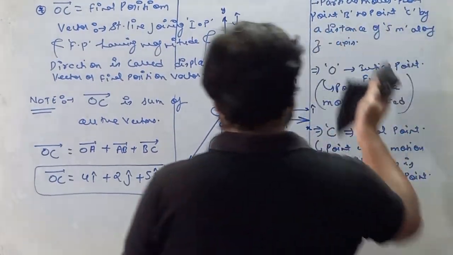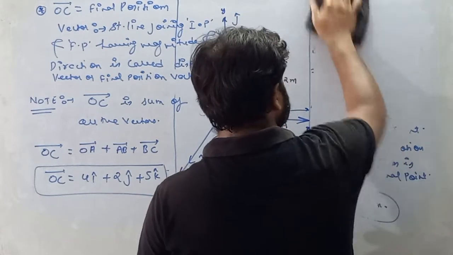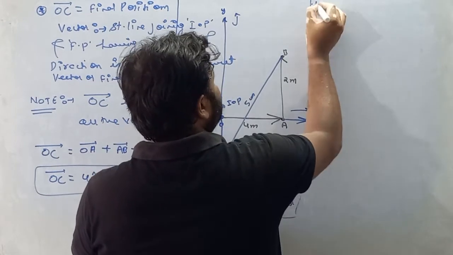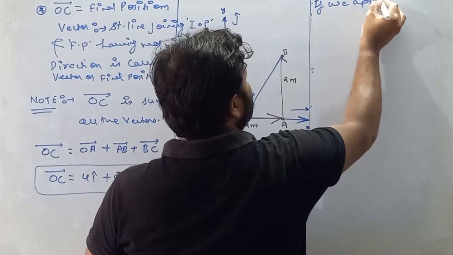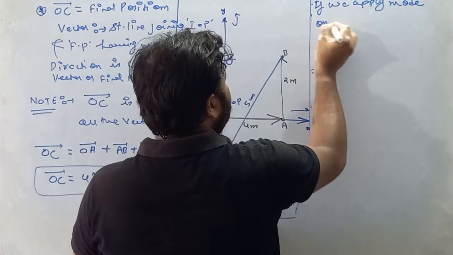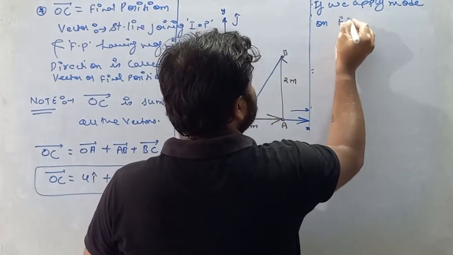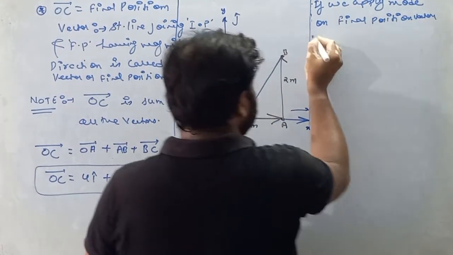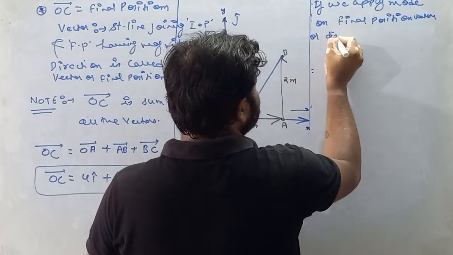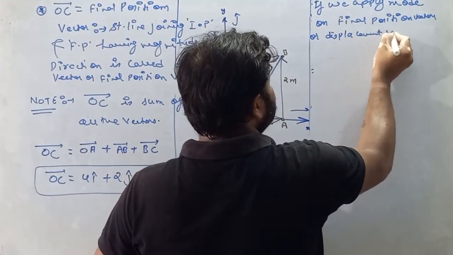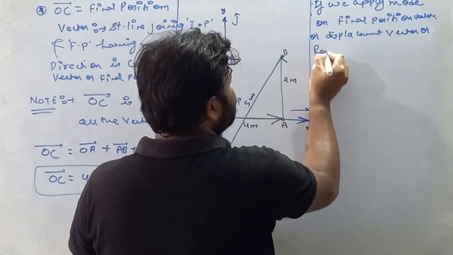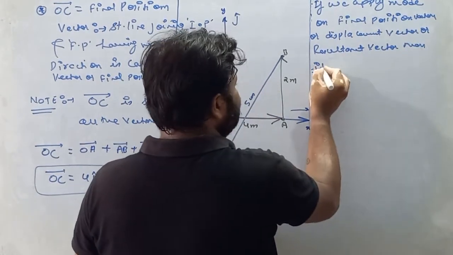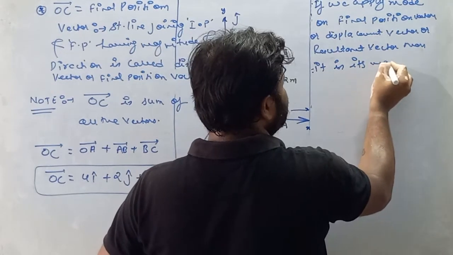So if we apply mod on final position vector, or also called displacement vector or resultant vector, then it is its magnitude.